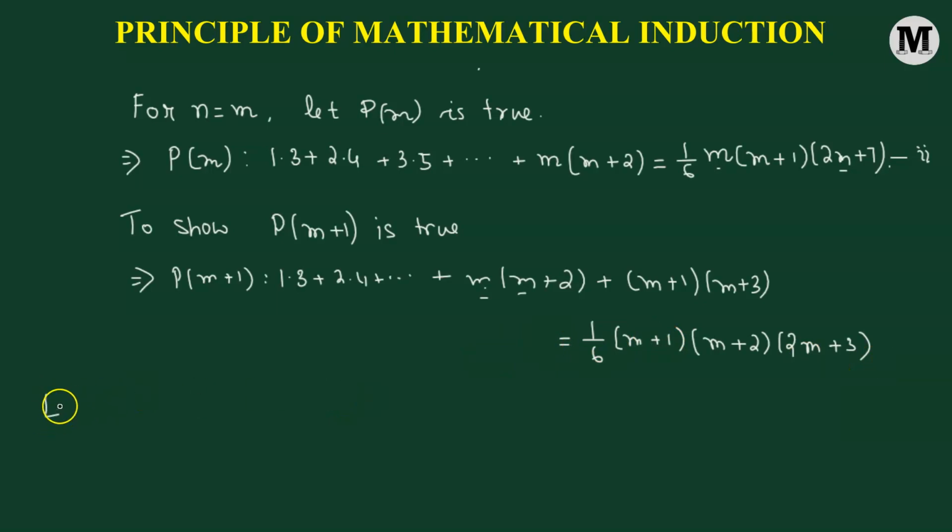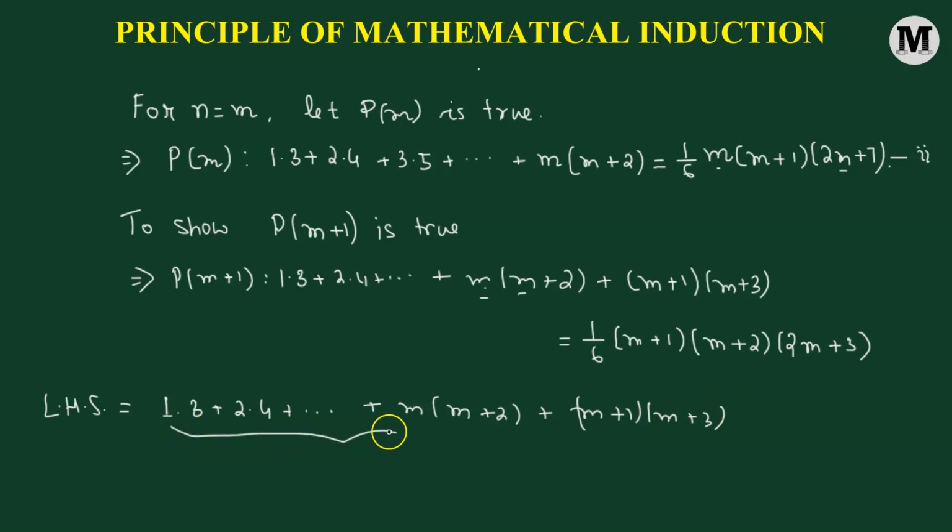So we'll start from the left hand side. What we have on the left hand side is this particular expression, 1 multiplied to 3 plus 2 multiplied to 4, going all the way up to m times m plus 1 added to m plus 1 times m plus 3. Now, luckily for us, the sum of the first term all the way up to the second last term, we can replace it with this particular expression, 1 over 6 times m plus 1 times 2m plus 7.